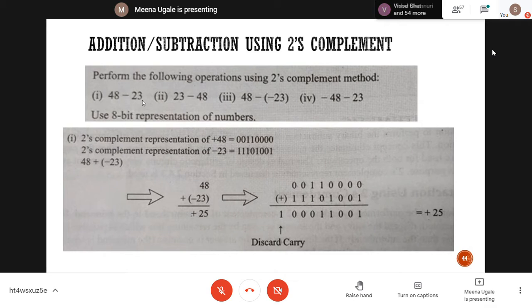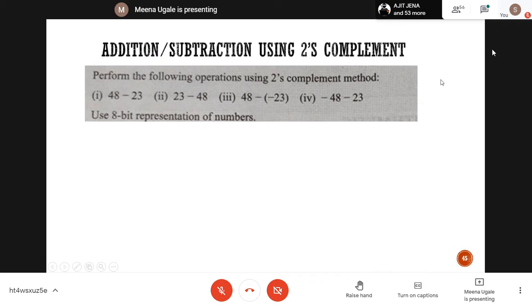If carry is generated, discard the carry. If carry is not generated, that means you have to take the 2's complement of that. Going for the second case, 23 minus 48.